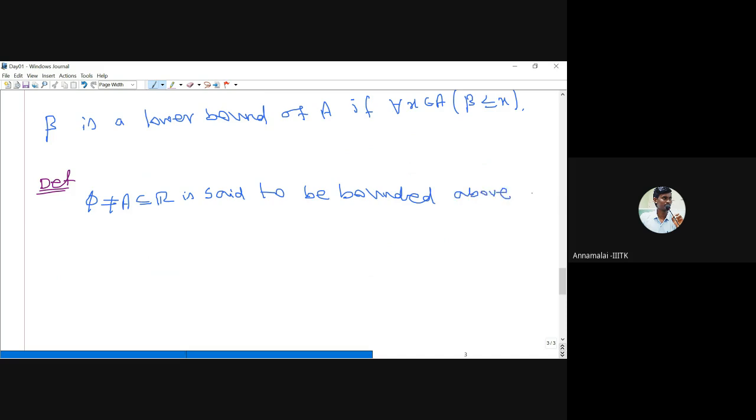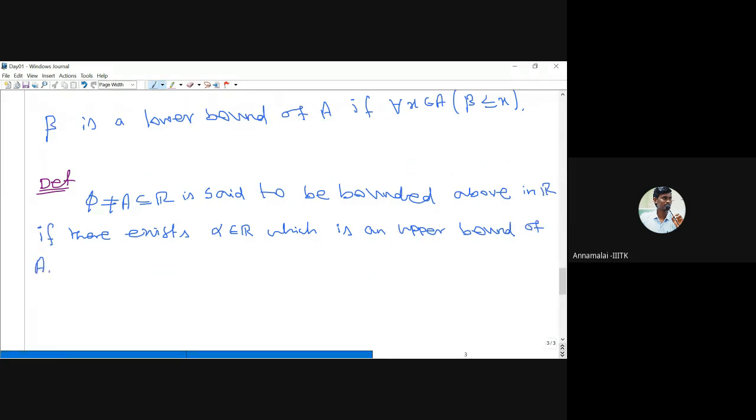So when we say it's bounded above in R, if there is an upper bound for A, if there exists alpha in R which is an upper bound for A. This upper bound is not unique.